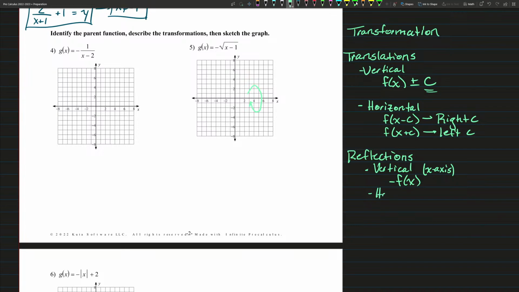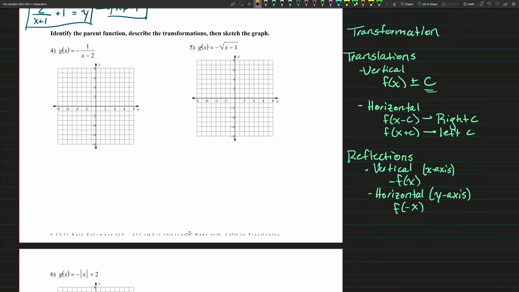And for horizontal, or y-axis, we are making the inputs negative. And when you combine those two, you get origin symmetry, but that's not what we want right now. So horizontal, that's around the y-axis. And those are all the rules that I'm expecting us to know.